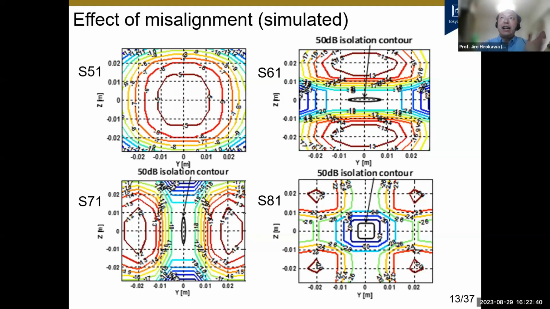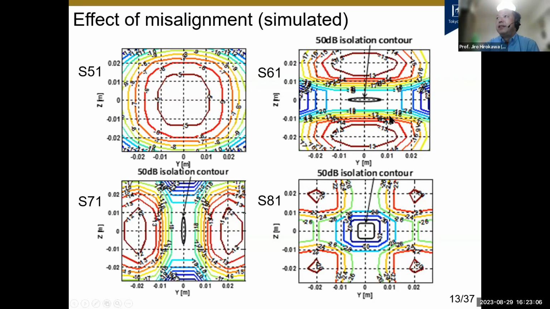And also the alignment is quite important. So this is the simulated results, the effects of the misalignments. The left top figure shows the desired transmission, and the other three plots show the isolation level.